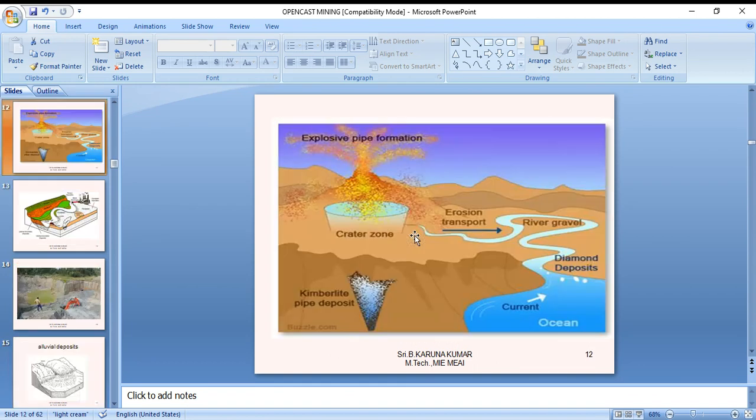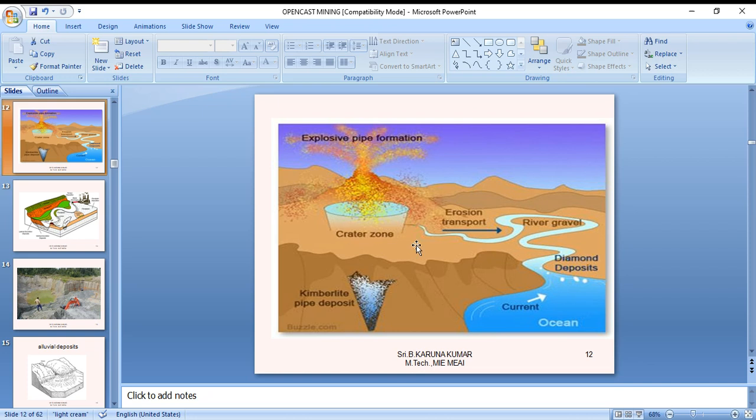Yes, this is a complete picture of how alluvial deposits form. Actually, this is the geological part, but this is the basic idea of why alluvial deposits form like this. When an eruption happens, lava comes out in the fire zones of the earth.